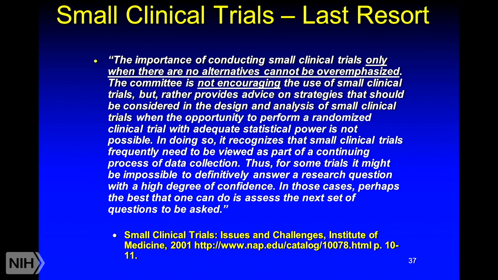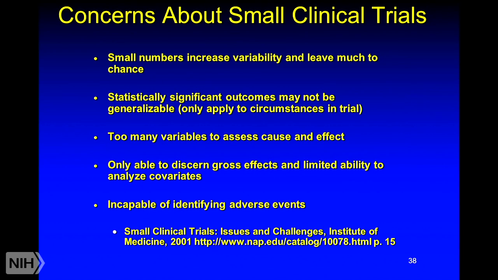It even says for some trials it might be impossible to definitively answer a research question with a high degree of confidence, and in those cases perhaps the best that one can do is assess the next set of questions to be asked. So again, they're saying that if you can't definitively answer the question, maybe you need to move on to a different question.